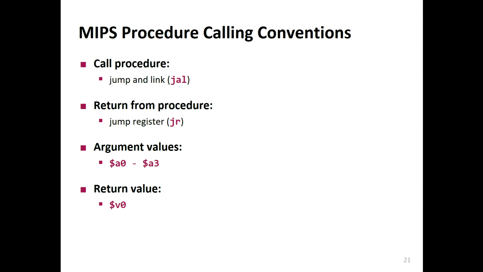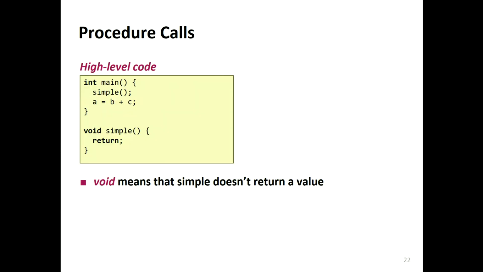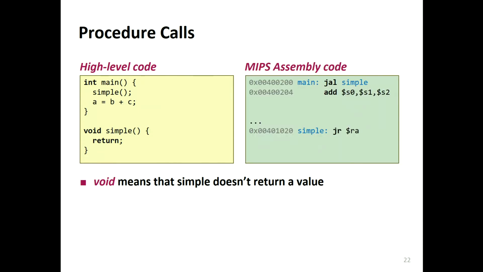This allows a procedure to return to its original calling program counter. The argument values that the caller would use are conventionally A0 through A3, and the return value that the callee would use to store its return value conventionally would be V0, and maybe V1 if you need to return two 32-bit numbers. All right, void here simply means that it doesn't return a value, and I don't think this slide tells us much. So let's go to the next part.